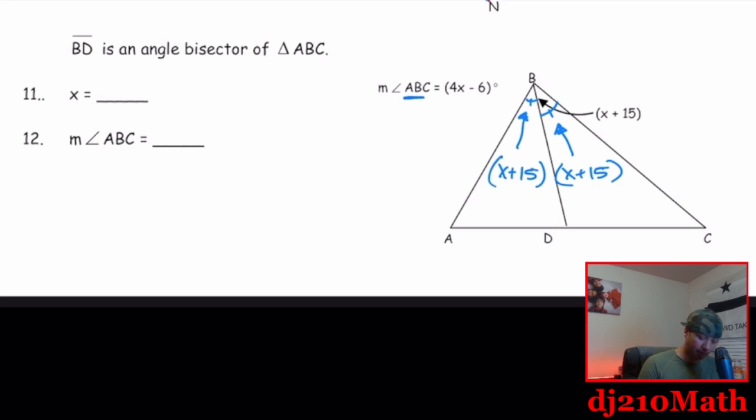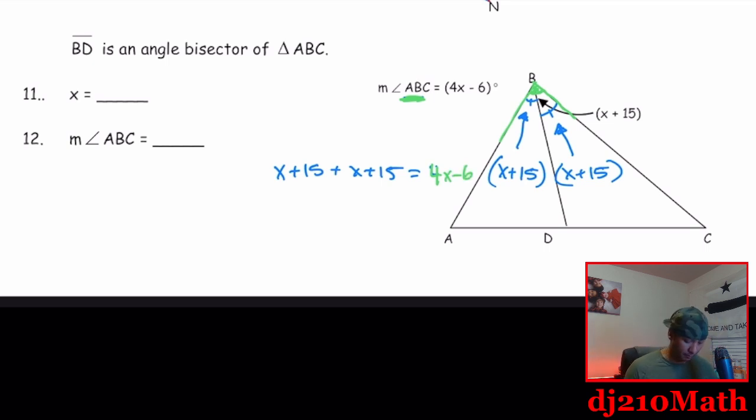Here they're saying the measure of ABC. ABC is the whole angle, right? So if you add these two together, x plus 15 plus x plus 15, this should equal the whole angle, 4x minus 6.